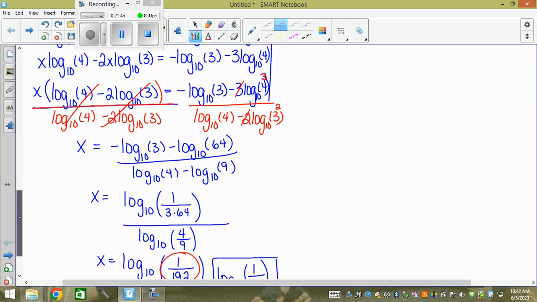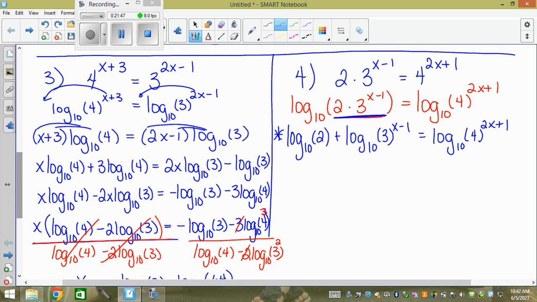Okay, this one just had that extra step, and then we do the same steps all over. So I get log base 10 of 2 plus x minus 1 log base 10 of 3 equals 2x plus 1 log base 10 of 4.